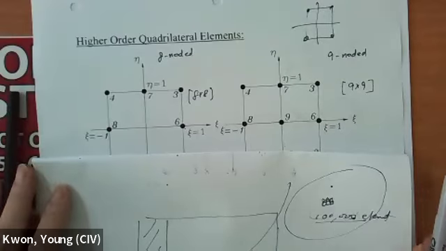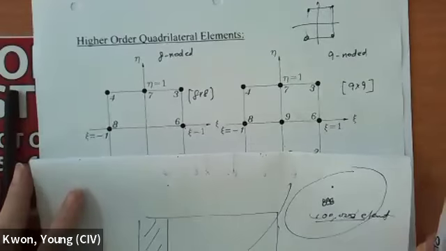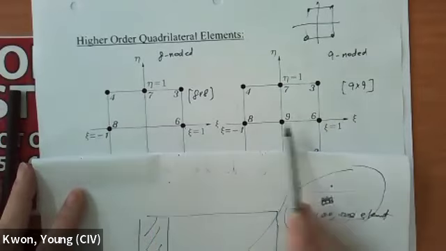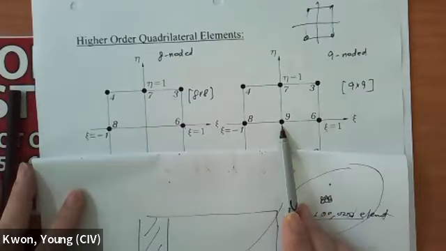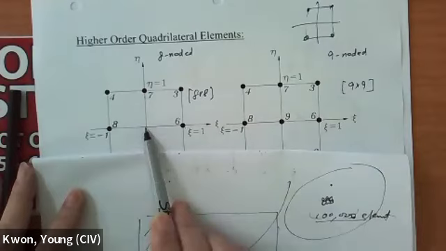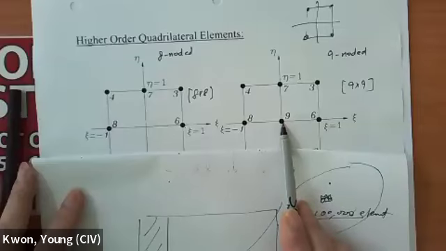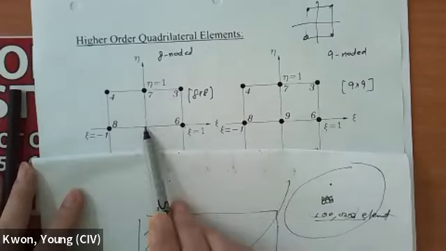Okay, then what about the accuracy? I mean, this doesn't have the node in the middle. This has a node in the middle. Then we are losing some accuracy in here because we don't have a representation of the node in here compared to this one, right? Then obviously that is true. This has more degrees of freedom, so this is going to be more accurate than that one.